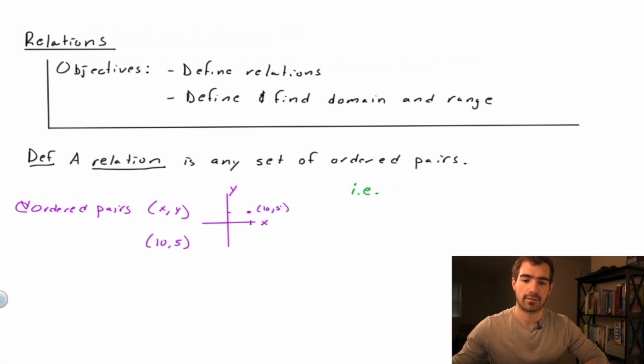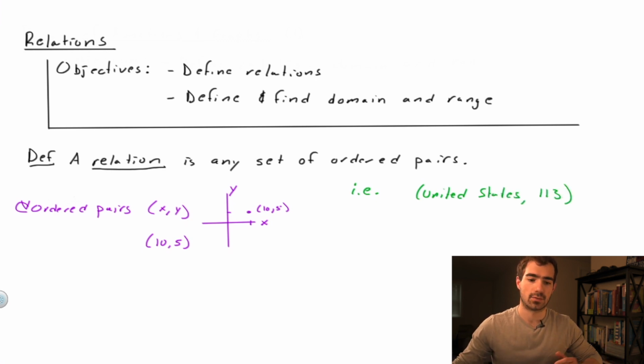So an example of a relation would be a collection of all these ordered pairs. For example, (United States, 113), because the United States won 113 medals. Or (China, 88), because China won 88 medals, right?